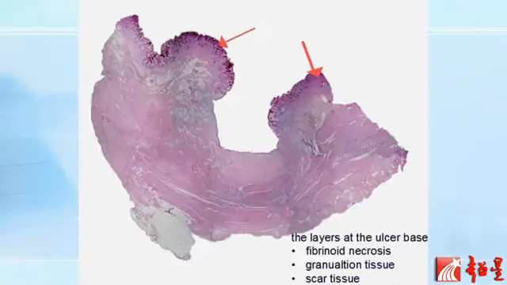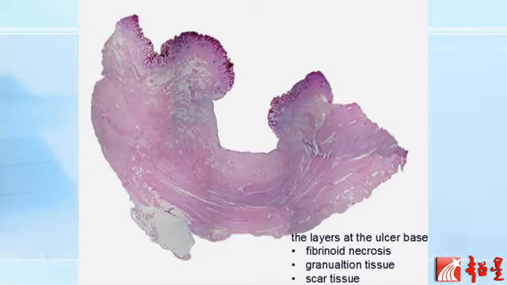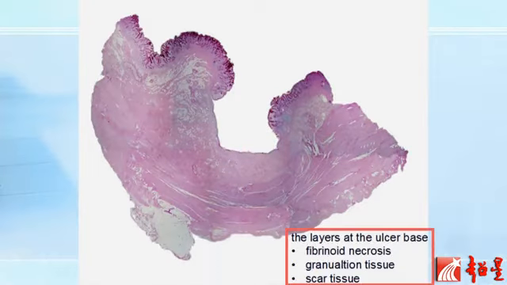And here, on the microscope, we also find this ulcer. So it's deep, from the mucosa to the submucosa. And usually, for the typical peptic ulcer, we find four layers on the microscope. Here only 3 layers are shown. First is fibrinoid necrosis. Second is granulation tissue. Third is scar tissue.